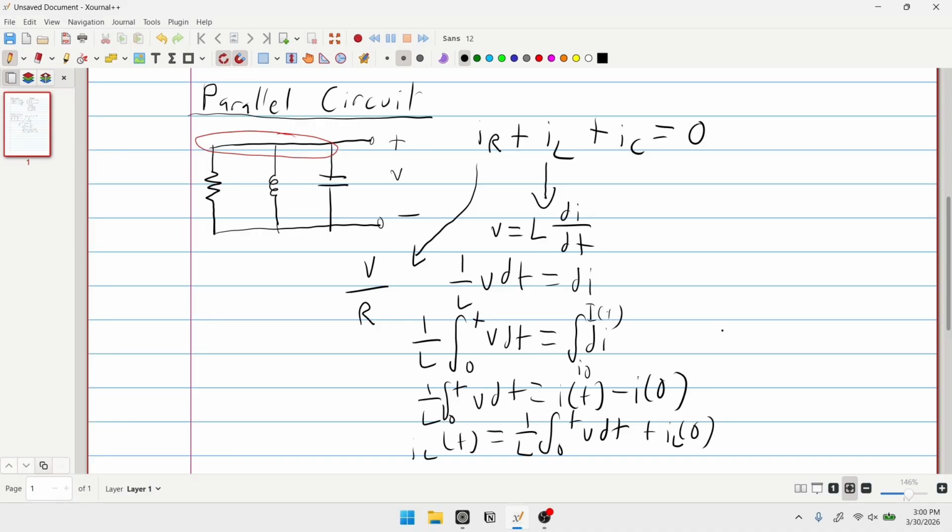All right. And the capacitor is also much easier. It's just C dV/dt.